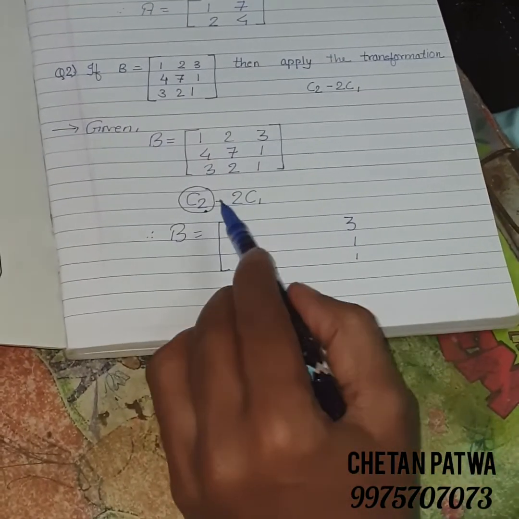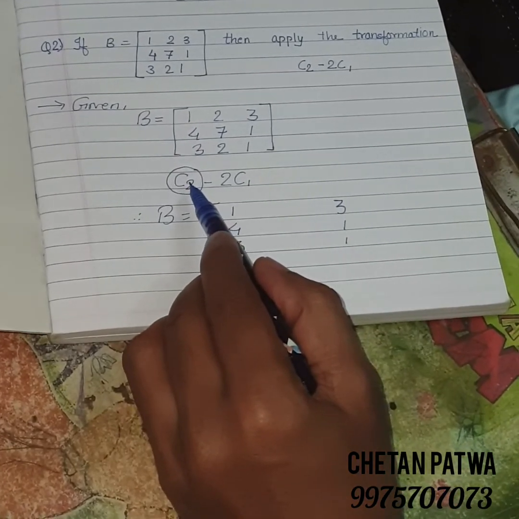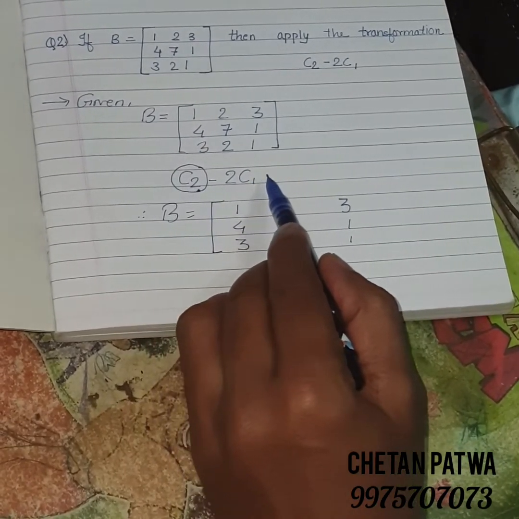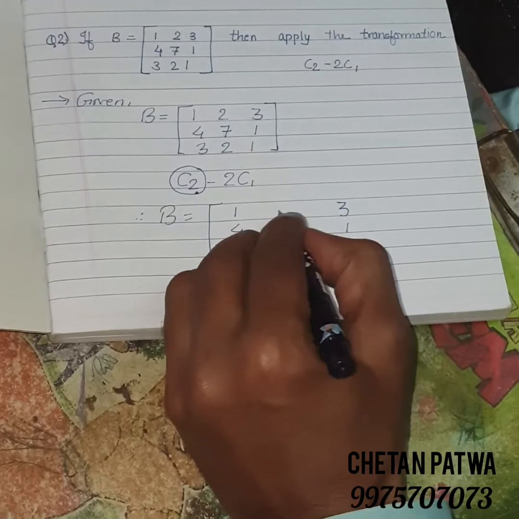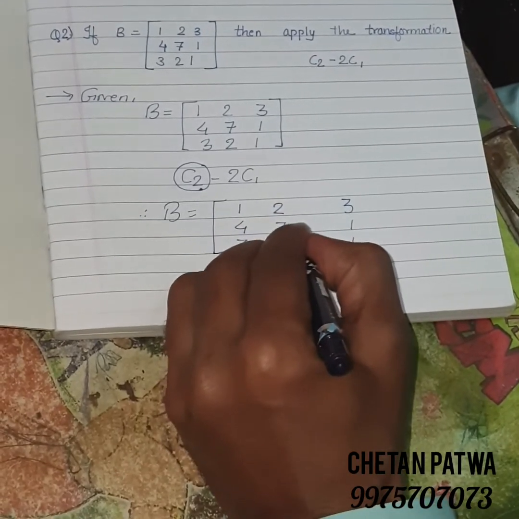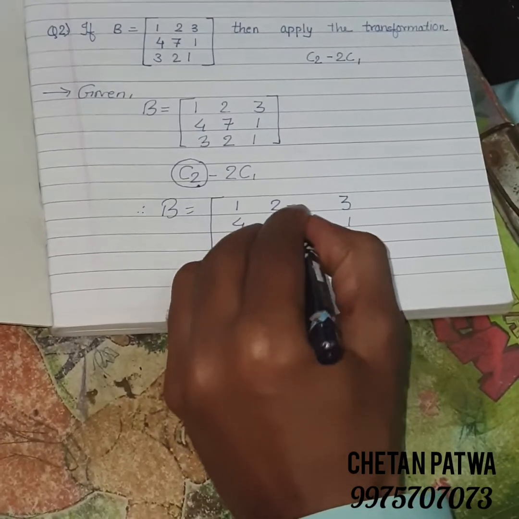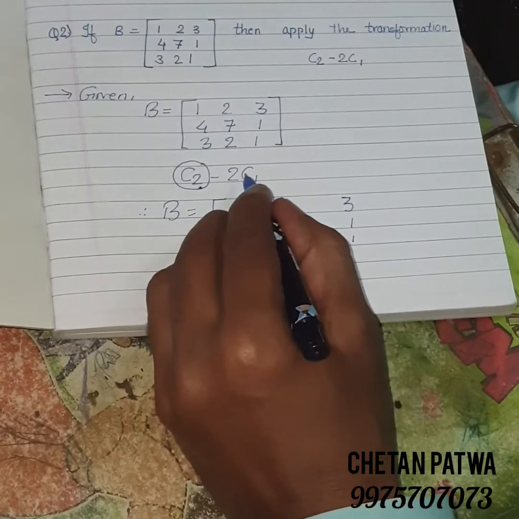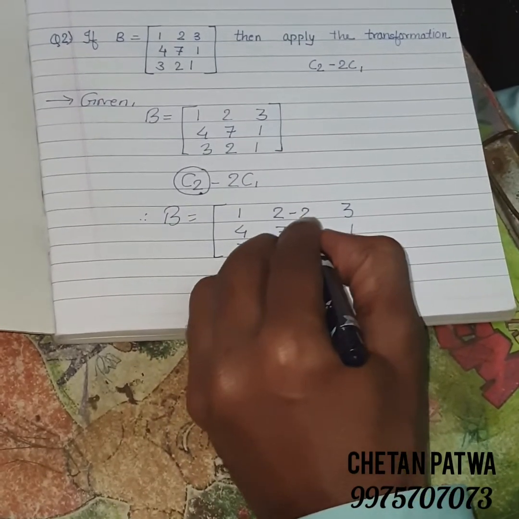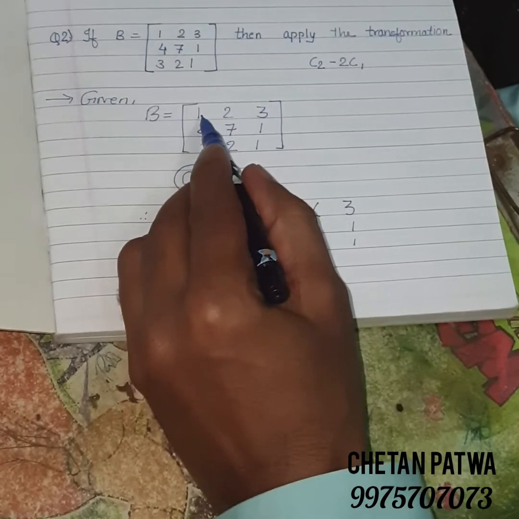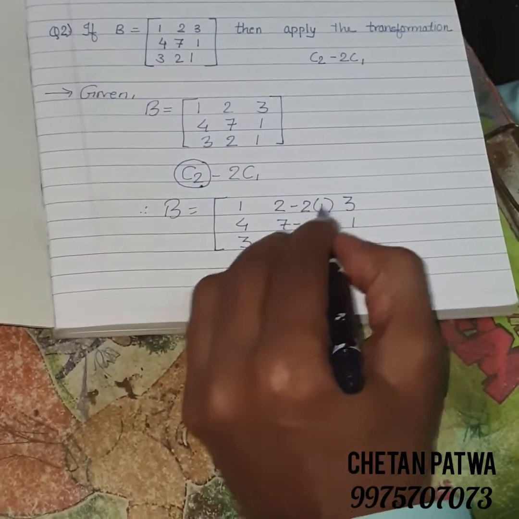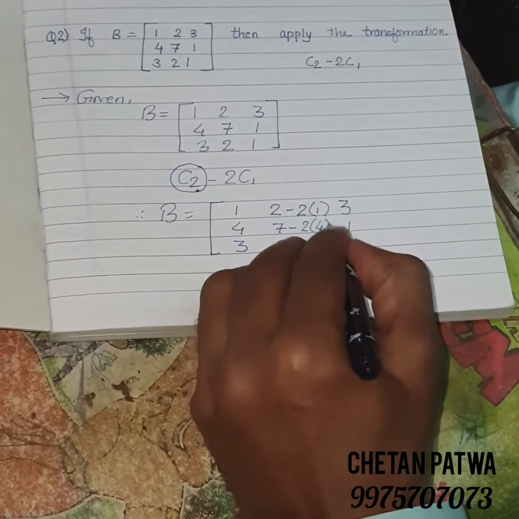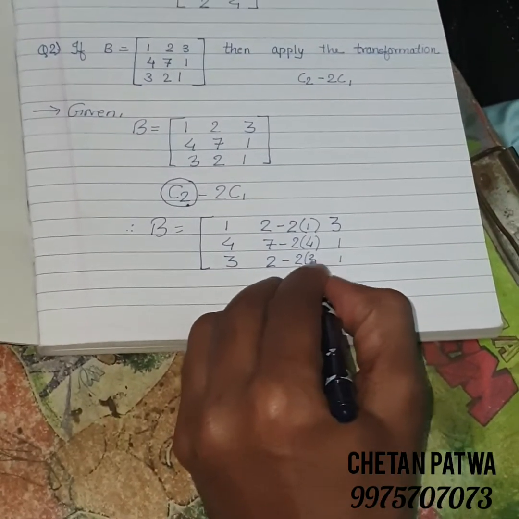Now what is the change? They have told us to make C2 minus 2C1. So first I am writing C2: 2, 7, 2 minus 2C1: 2 times the elements in the first column, 1, second 4, third 3.